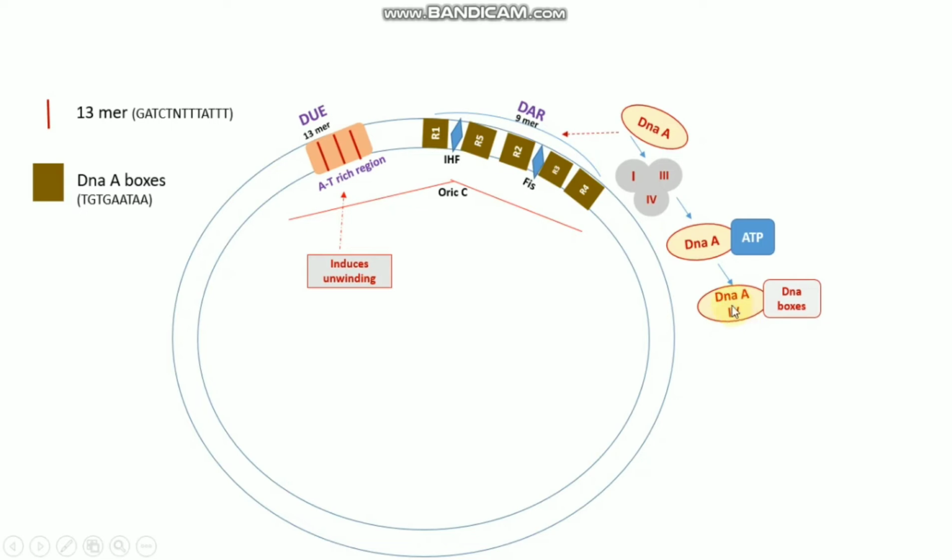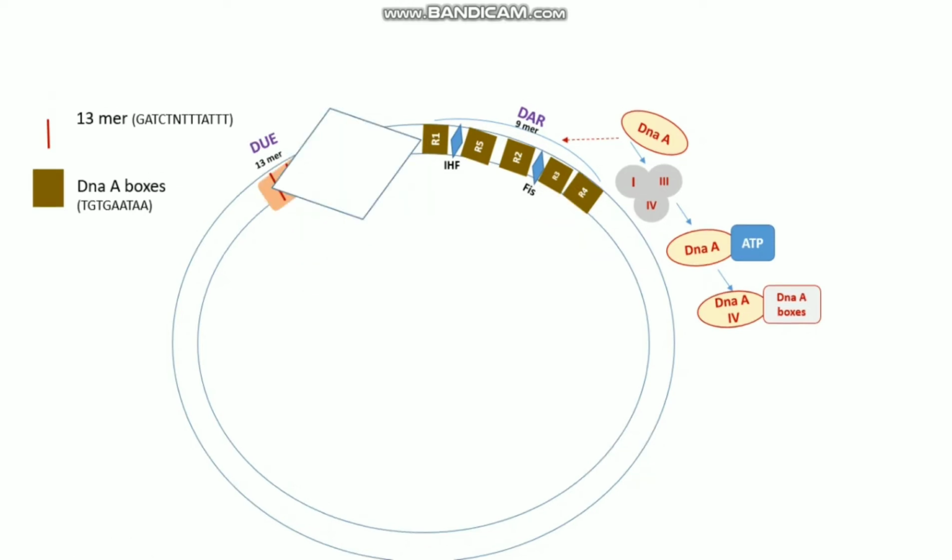Mainly this domain interacts with these DnaA boxes. Then the unwinding starts, and the replication fork is formed. You see, this looks like the replication fork.